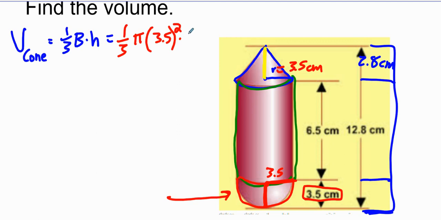We plug all that into our calculator. 1/3 times pi times 3.5 squared times 2.8. And that is 35.9 cubic centimeters.